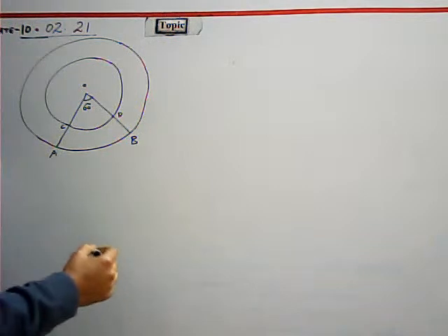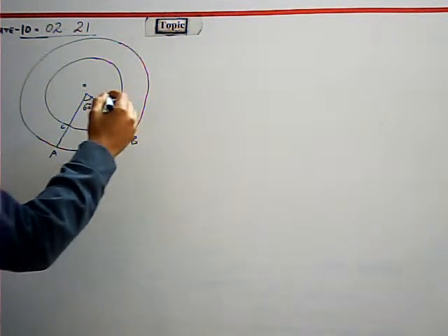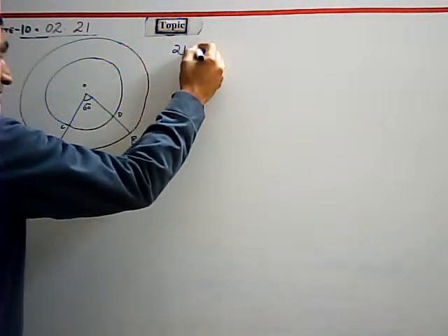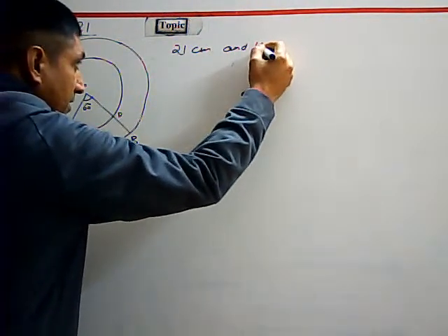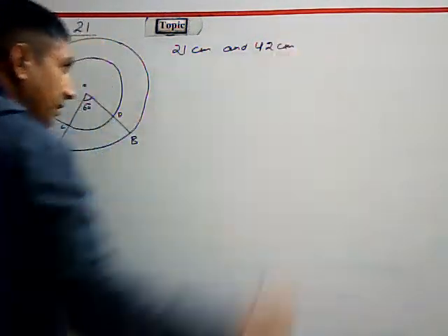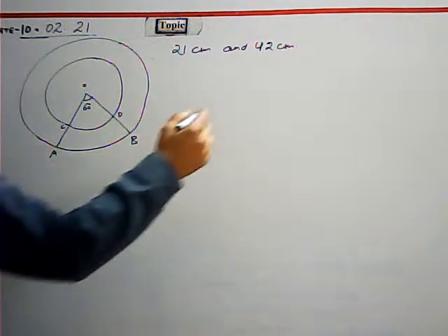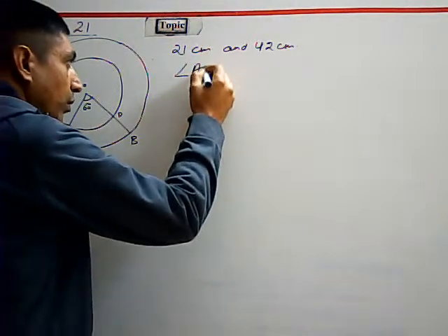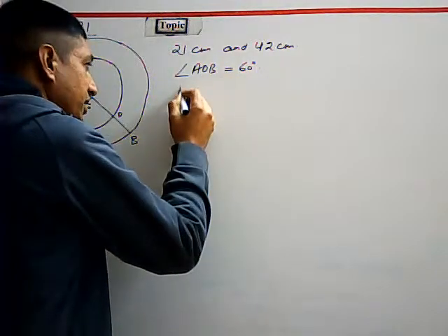So we have to find, right, radius 21 centimeter and 42 centimeter, concentric circles, and angle AOB is equal to 60 degree. Find the shaded area.